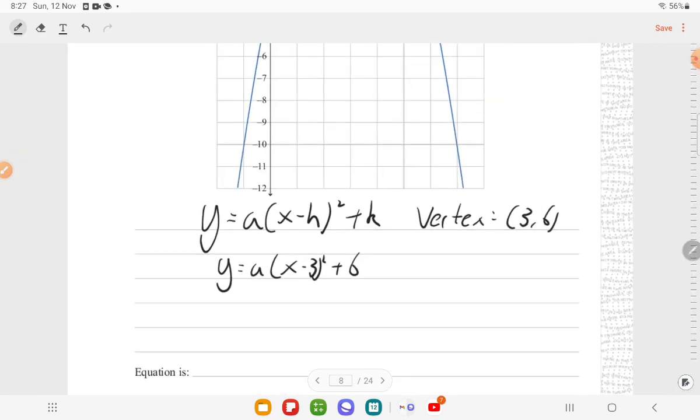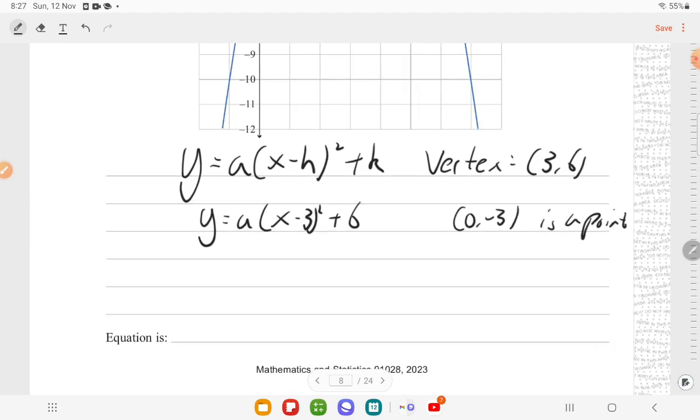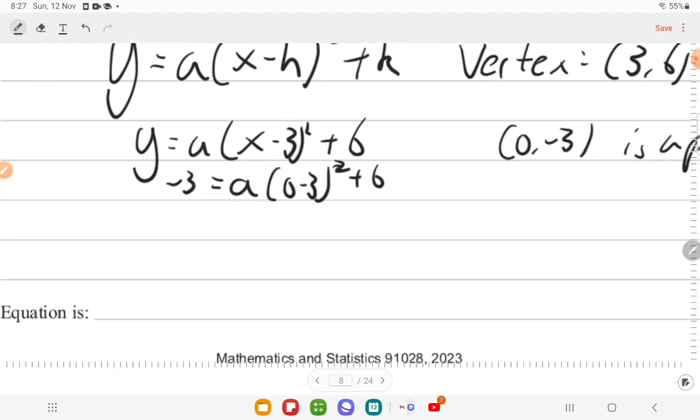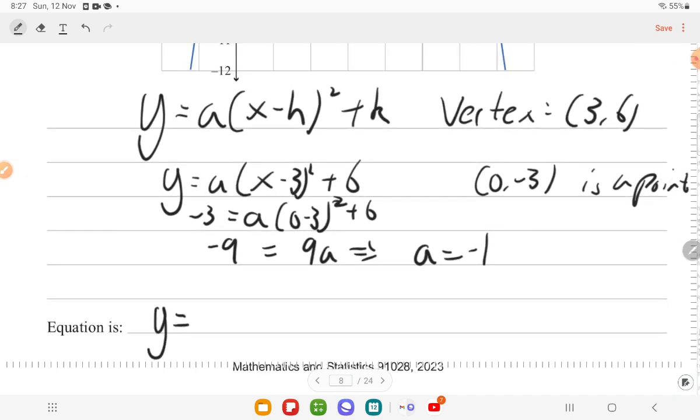We're given that 0, -3 is a point. So -3 is equal to a of 0 take away 3 squared plus 6. -9 is equal to 9a, which implies a is equal to -1. So y is equal to negative of x take away 3 squared plus 6.